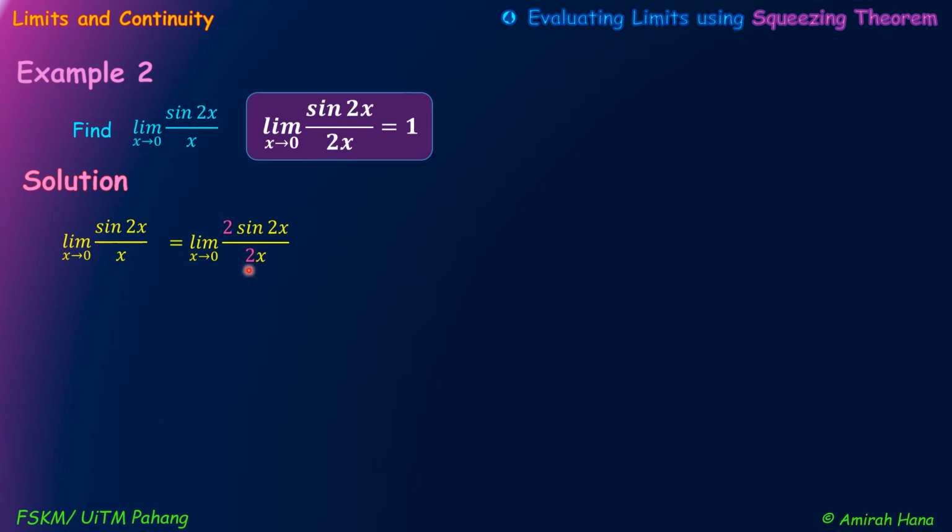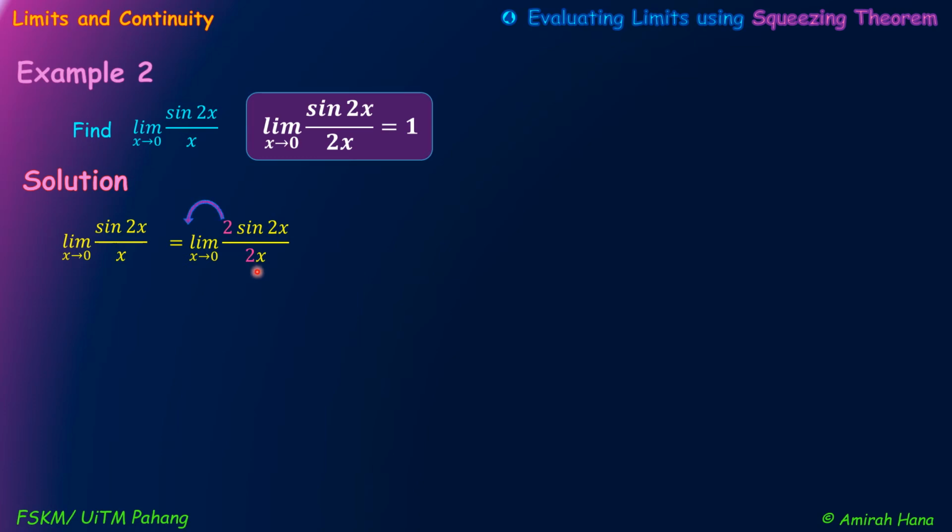Since we multiply the numerator and the denominator by 2, that means we multiply by 1, and when we multiply by 1, it will not change its original value. That's why we need to multiply by 2 to get denominator 2x, and at the same time, we need to multiply the numerator by 2 so that we multiply by 1.